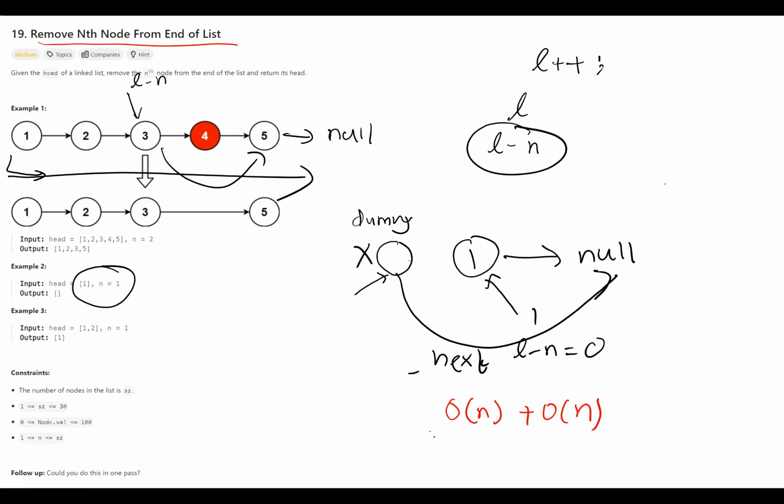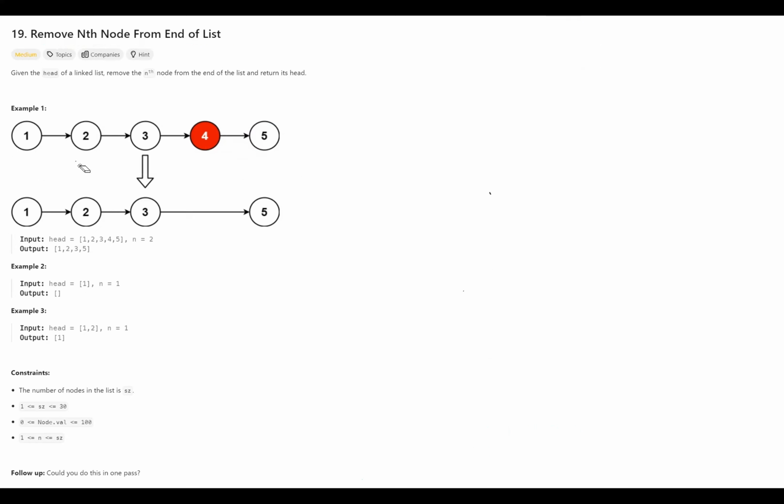This is for the first pass where we get the length of the list, and this is for the second pass where we go to the L minus nth node and do our stuff, right? We solved the problem in 2 passes, but there is a follow-up question of whether we can solve the problem in 1 pass. So obviously we can do that.